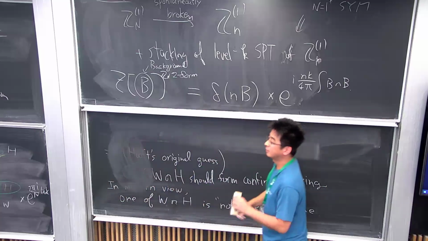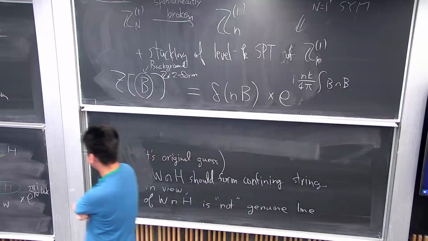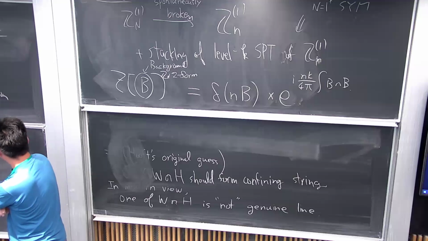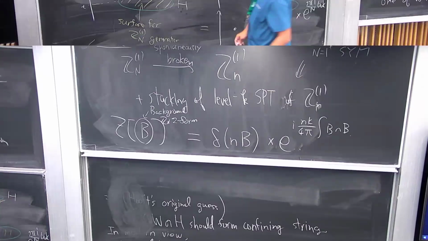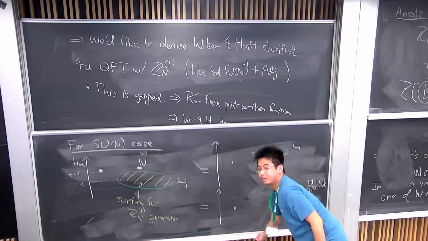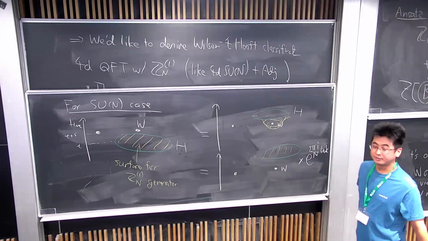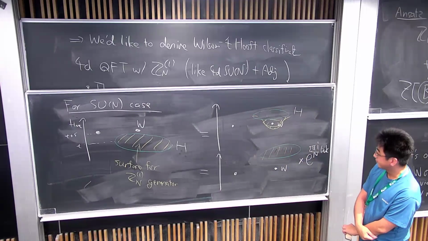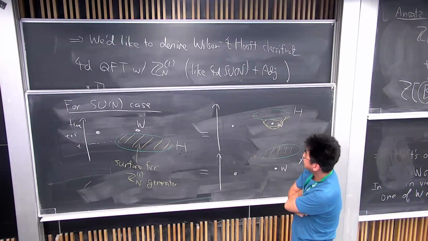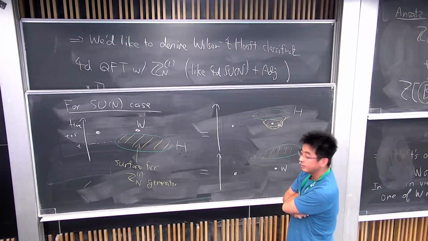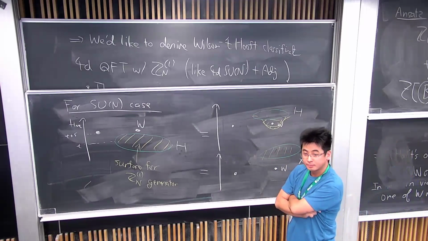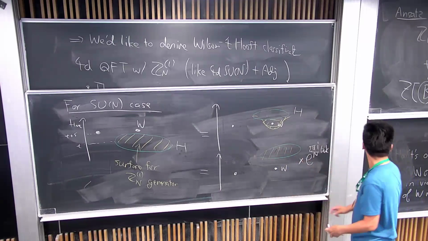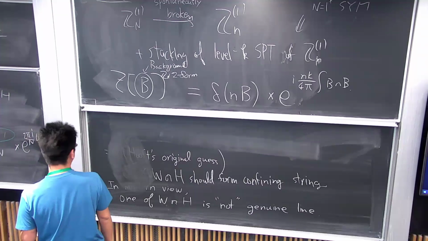Actually, I'm confused about something in your notation. So the H is the 't Hooft line, which is the first line, yes. But I thought that what measures the charge of the Wilson line was the integral of dual F or F, which is a surface, not a line. And then there is the 't Hooft line, which is a line, and what measures its charge is the integral of F. But in any case, the two lines do not intersect.